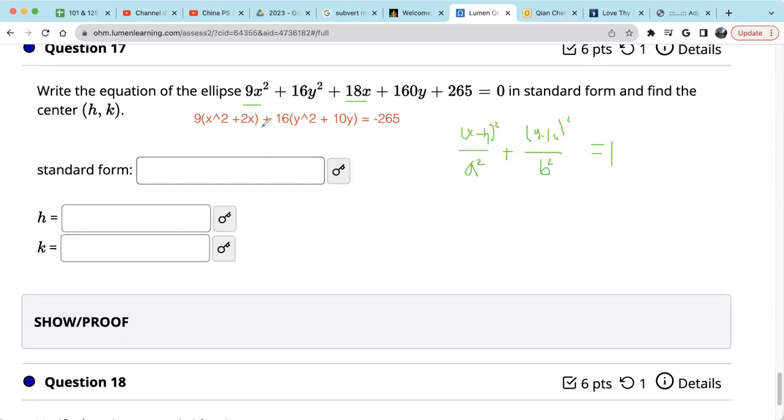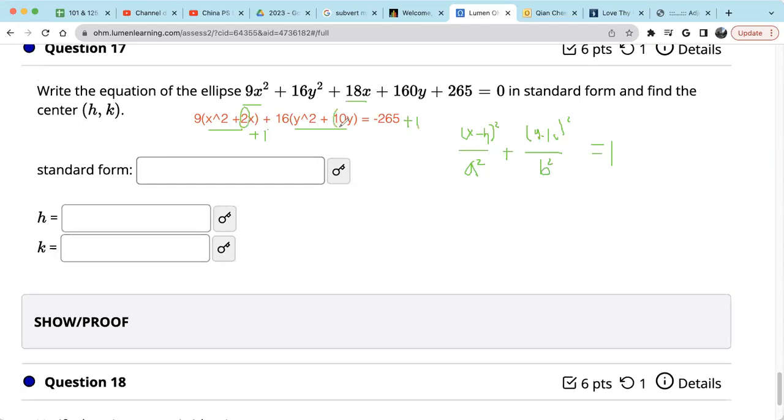So now I'm going to complete the squares, right? Completing the square means I want to make this one a perfect square. I want to make this one a perfect square. How do I do that? I take the number before x, I divide by 2. 2 divided by 2 is 1. I add 1 squared from here. 1 squared is 1, right? At the same time, I'm adding 1 on the other side of my equation to keep the equation true.